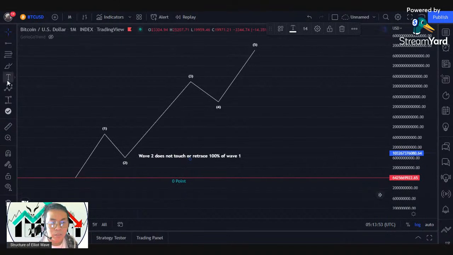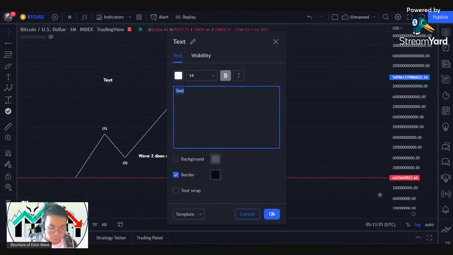Now, another rule is that wave 3 is the strongest and steepest wave and cannot be the shortest.